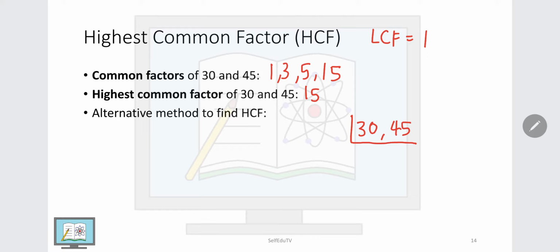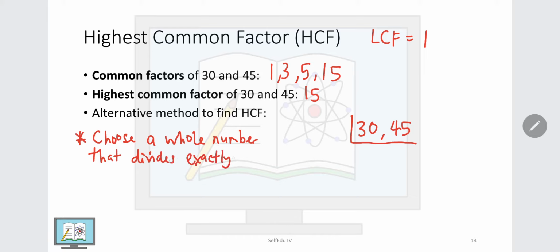You choose any whole number that divides exactly into both of them, meaning that 30 and 45 must be divisible by that number.